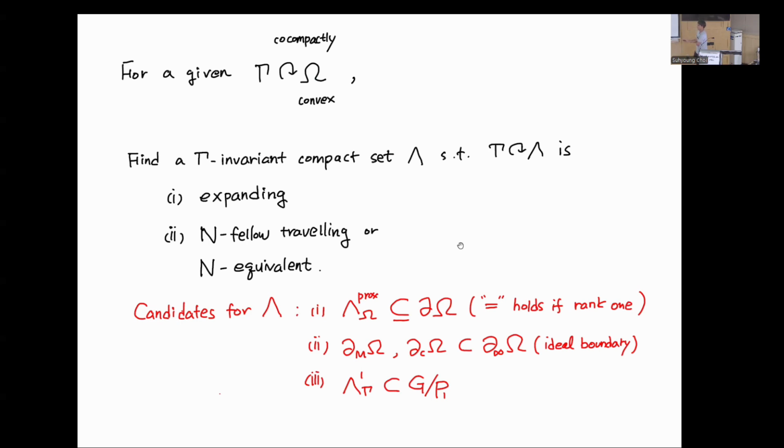So this is a good candidate, but the problem is that the Morse boundary is not compact. Also, this is a subset of the ideal boundary, and this ideal boundary does not coincide with the topological boundary of a convex domain.